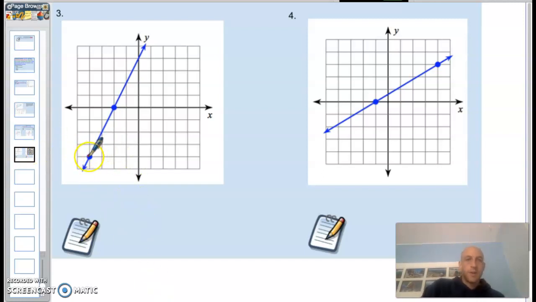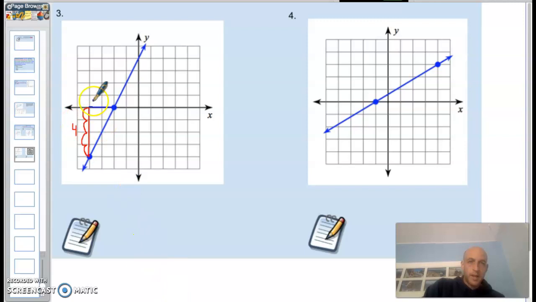All right, so we're going to start here. We're going to create our slope triangle by going straight up and then straight over. So the slope is the ratio of the vertical to the horizontal. So how much did it go up? 1, 2, 3, 4.